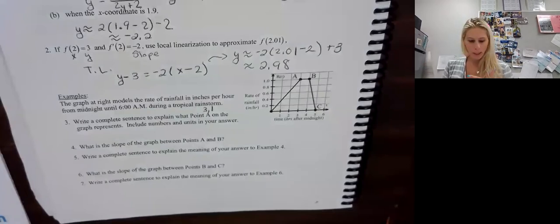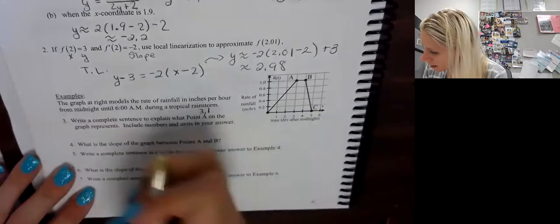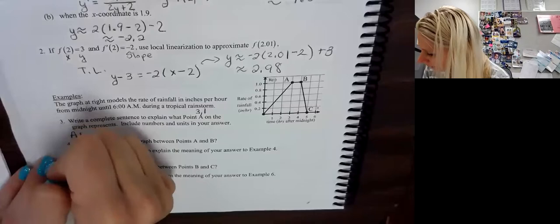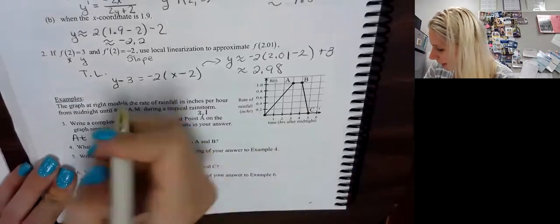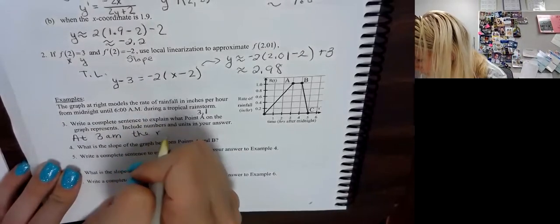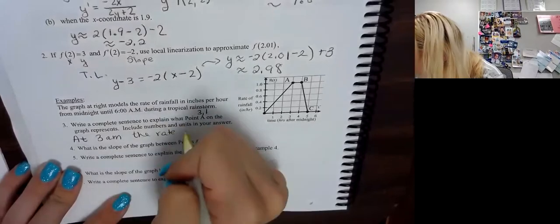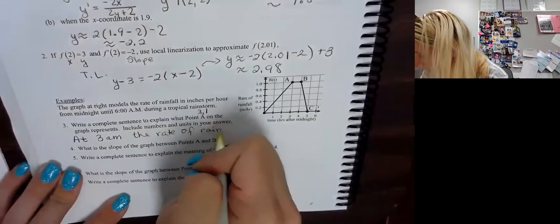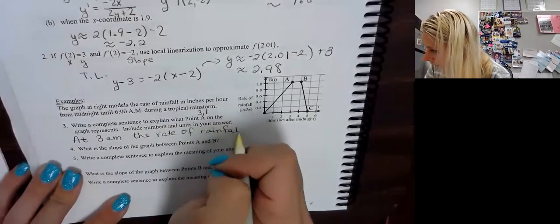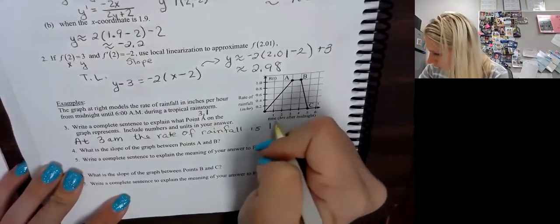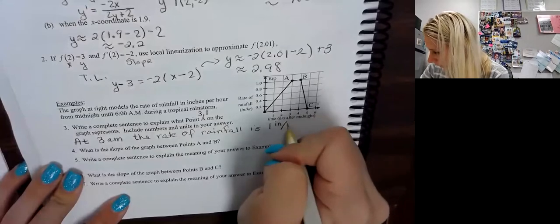So what does this point mean? It means that because the x value is the time at 3 a.m., the rate of rainfall is 1 inch per hour.